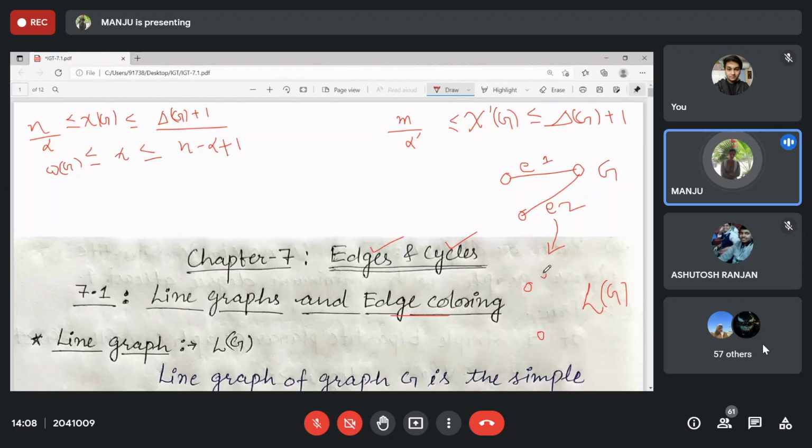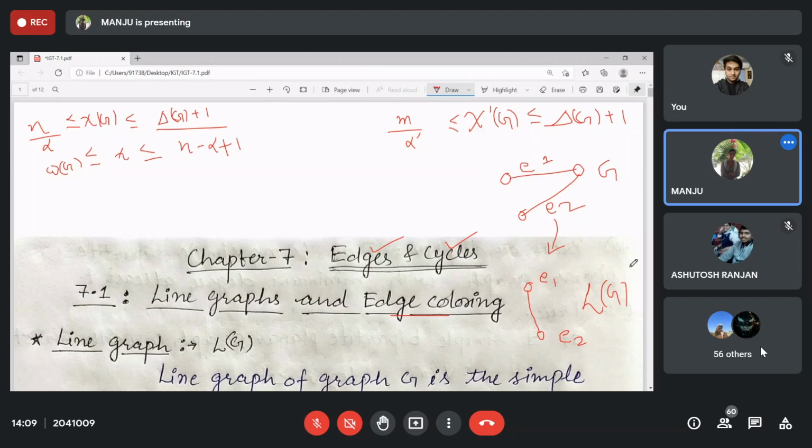So E1 becomes a vertex over here, and E2 also becomes a vertex over here. And how are these adjacent? Whenever there is a common vertex in G, whenever these edges are adjacent, whether one common vertex or both common vertices, doesn't matter, there will be a single edge.